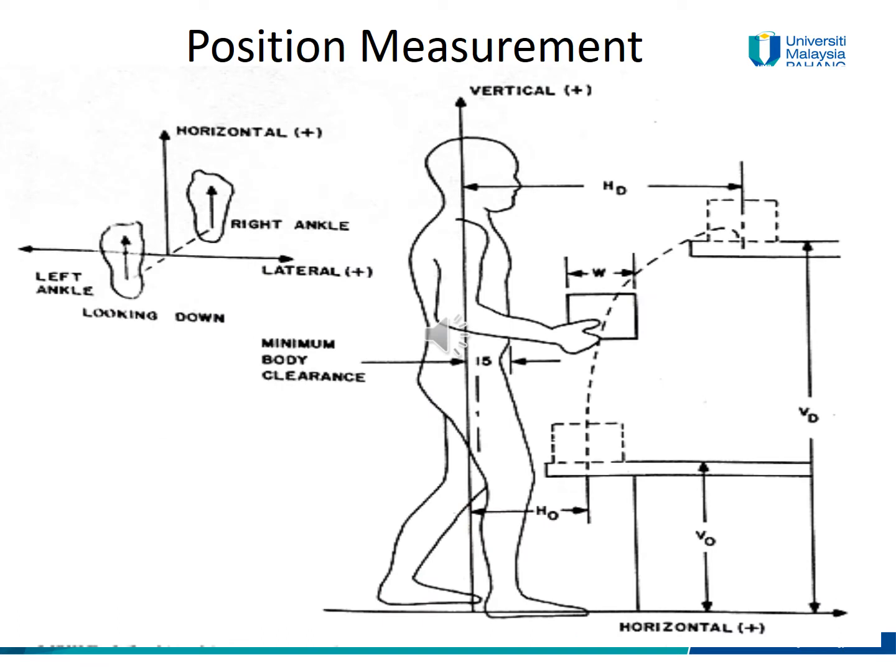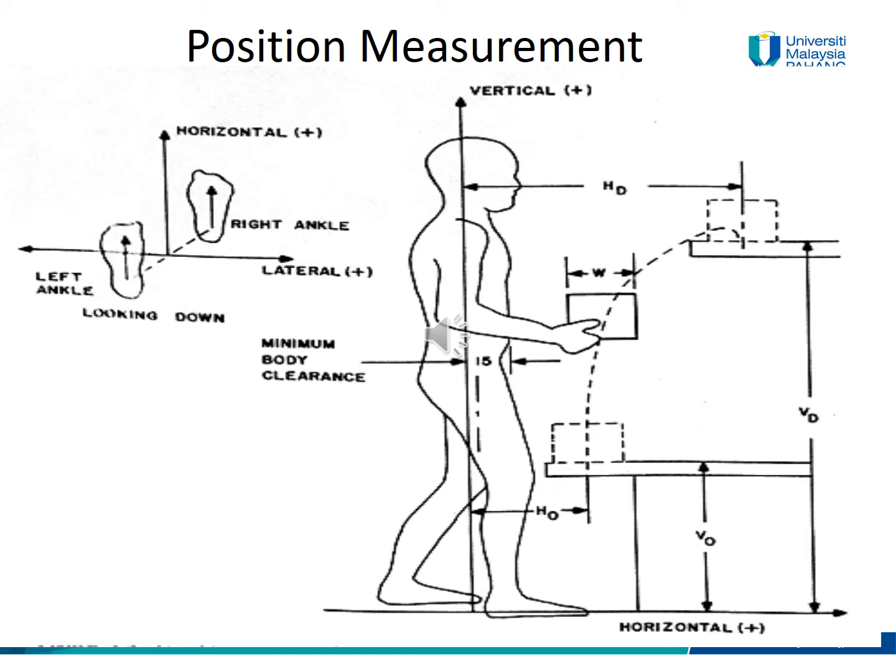This slide is showing the position measurement. As you can see, there are HO, which stands for horizontal origin, and HD, horizontal destination. Also we have vertical origin, which is VO, and VD is vertical destination.